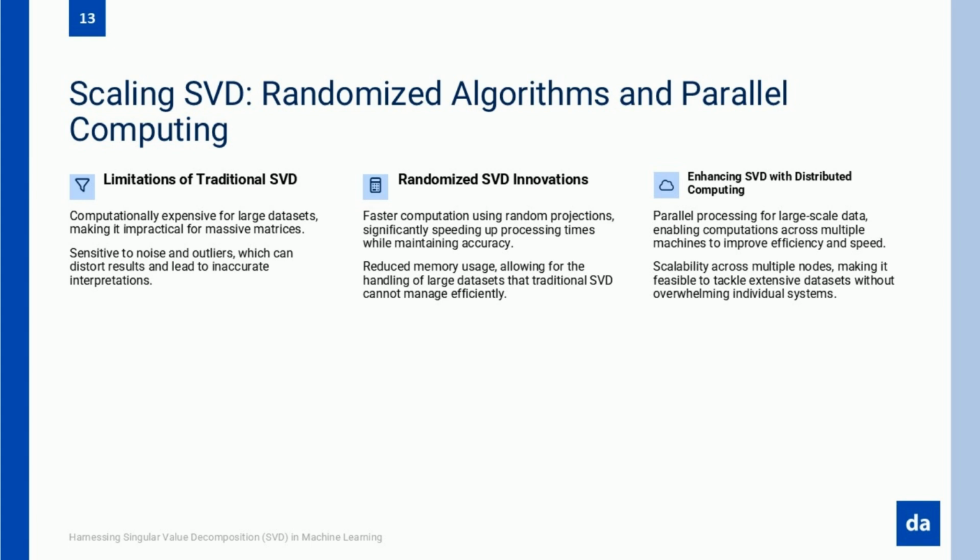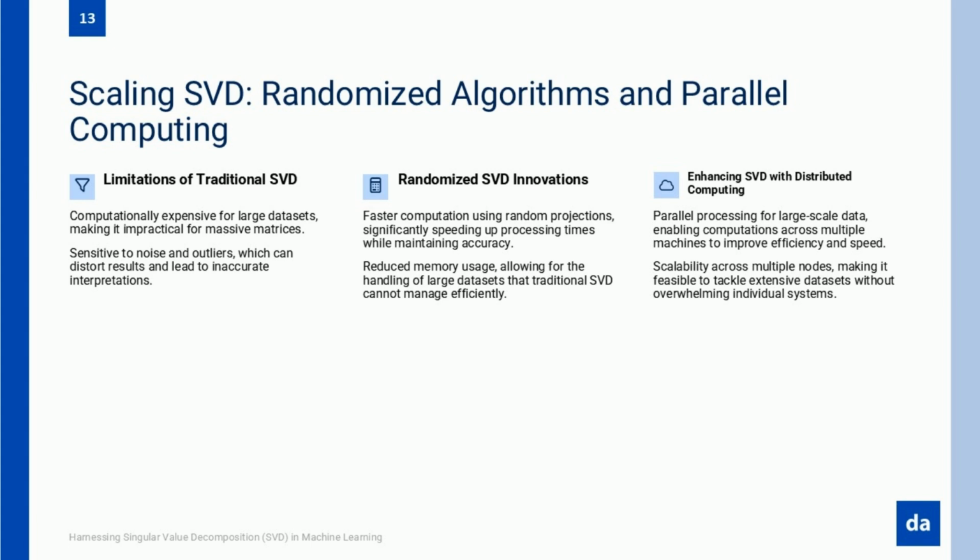The computational demands of traditional SVD become overwhelming when matrices grow to billions or trillions of elements. Consider genomics datasets with millions of genes across thousands of samples, or recommendation systems tracking billions of user interactions. Classical SVD implementations require operations proportional to the matrix dimensions, quickly becoming impractical at these scales.